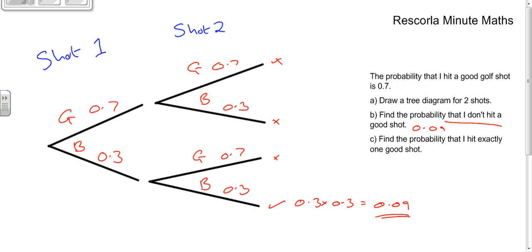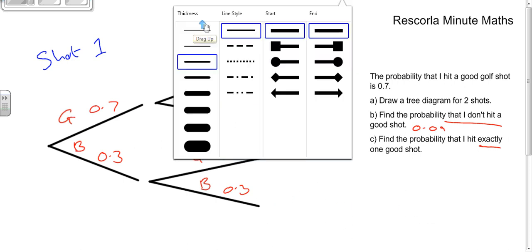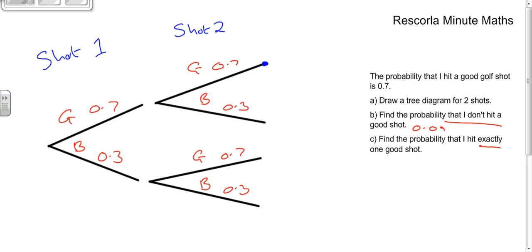Part C, find the probability that I hit exactly 1 good shot. Now again, exactly 1 good shot. So let's have a look at what we've got here. The first one, I hit 2 good golf shots, so we don't want that one. This one here, I hit 1 good, then 1 bad, so I do want that one because that is exactly 1 good golf shot.